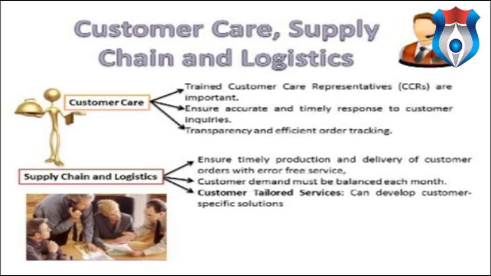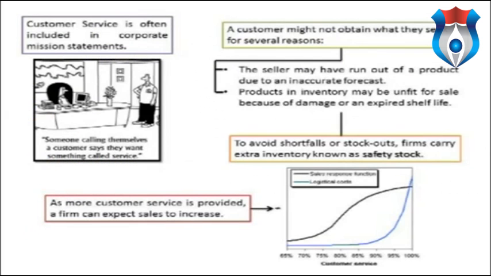Supply chain and logistics: ensure timely production and delivery of customer orders with error-free service. Customer demand must be balanced each month, and customer-tailored service can develop customer-specific solutions. Customer service is often included in corporate mission statements.